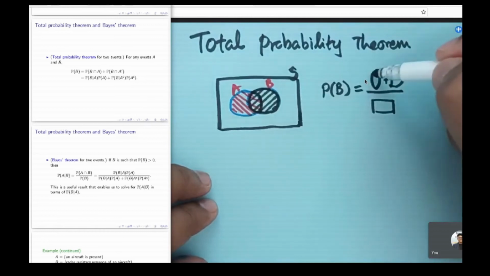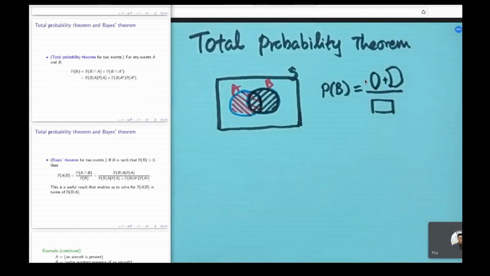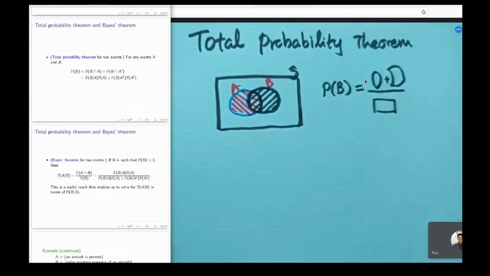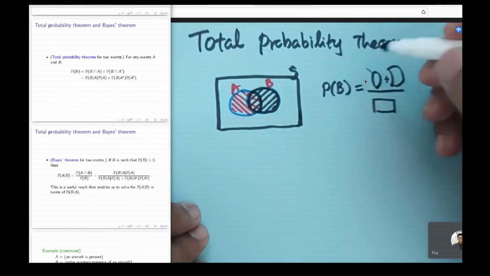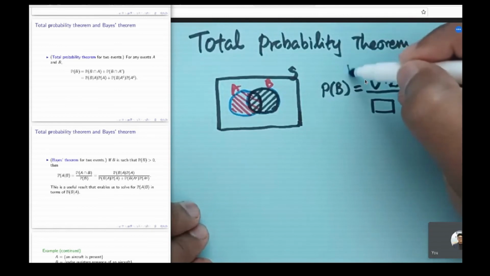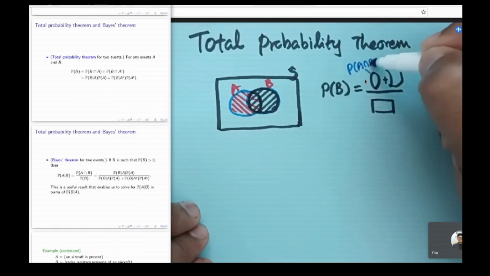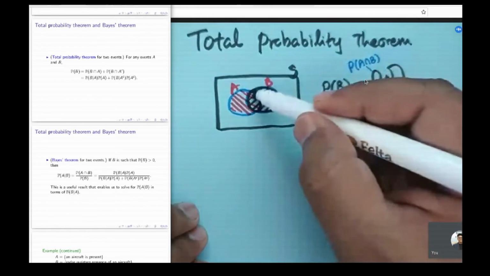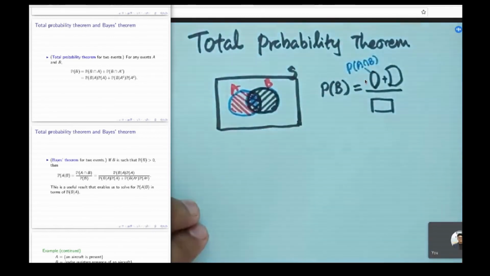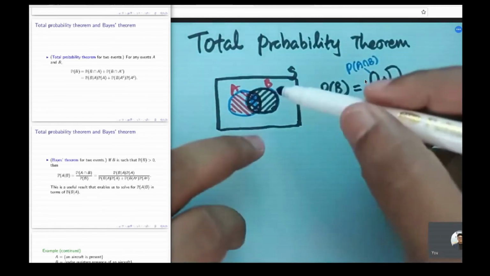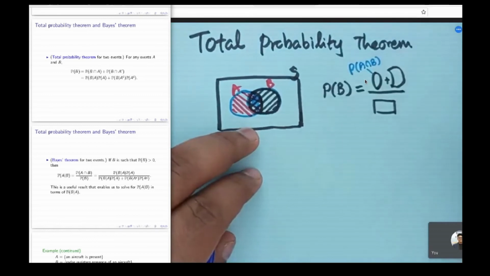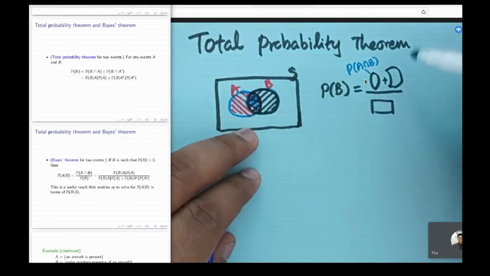So this little part here is actually equal to the probability of A intersection B, because this part is the intersection of A and B, right? And this part is equal to the probability of B intersection A complement.